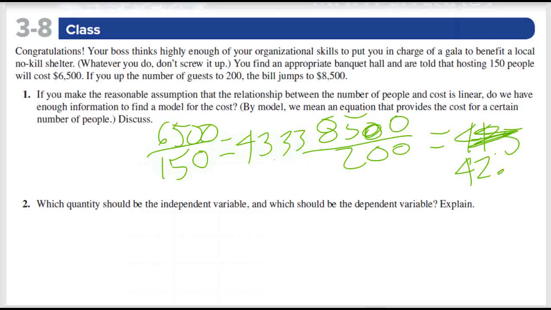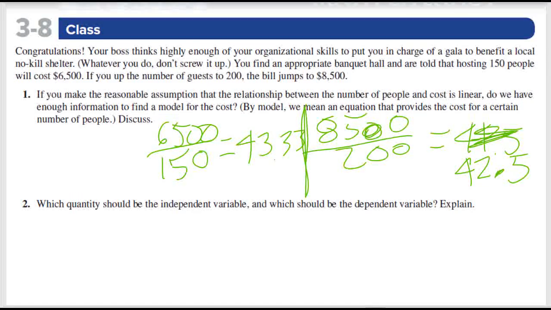So it's cheaper if we have 200 people. So we know we can't just divide the cost by the number of people and get a constant value. So we know that at least, but other than that, we can't just obviously write the equation at this point.